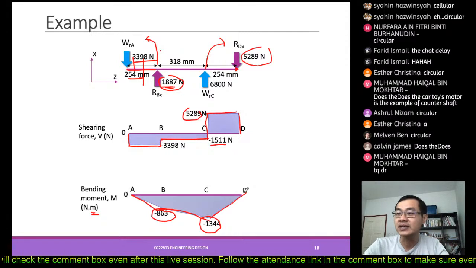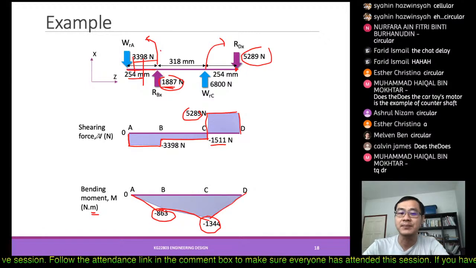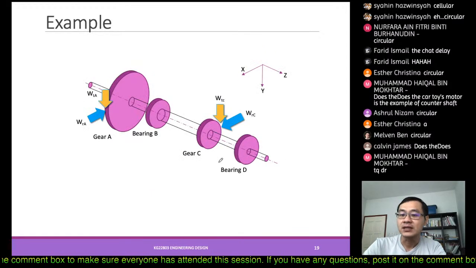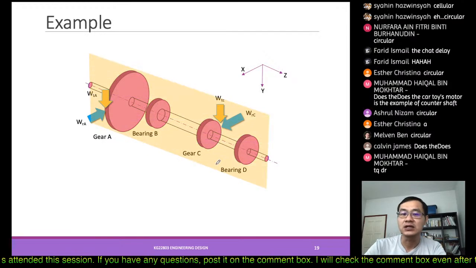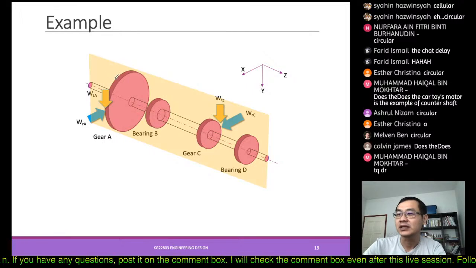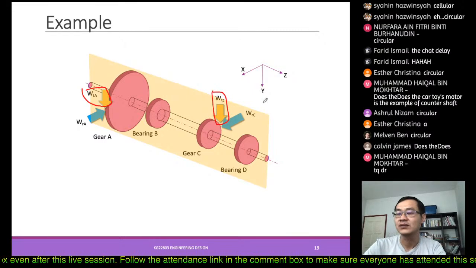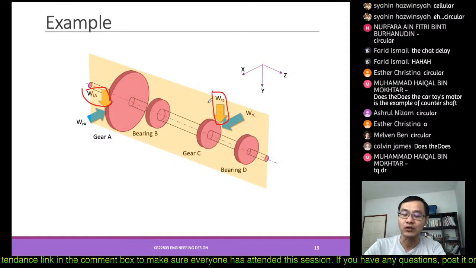So this is how you can get the shear force diagram and the bending moment diagram. The same thing you can do for the vertical plane, which includes WTA and WTC. Same methods, only the different values of WTA and WTC give you a different profile, right?